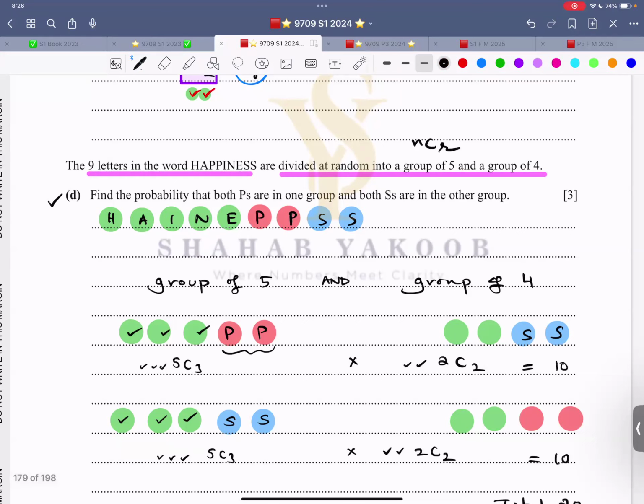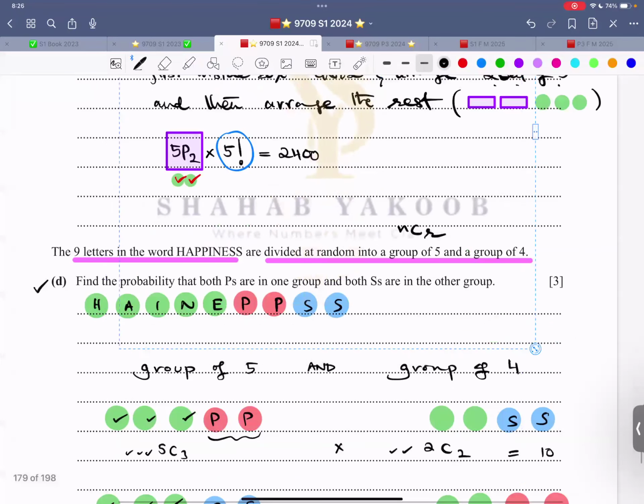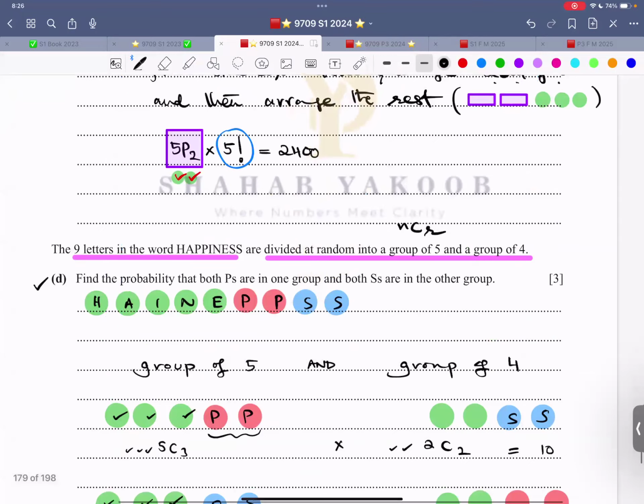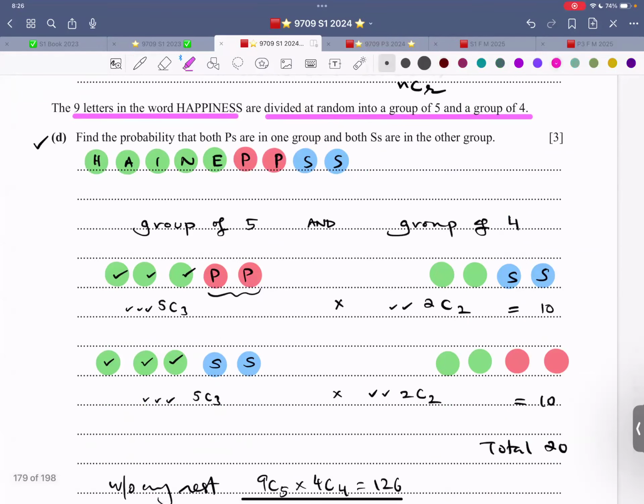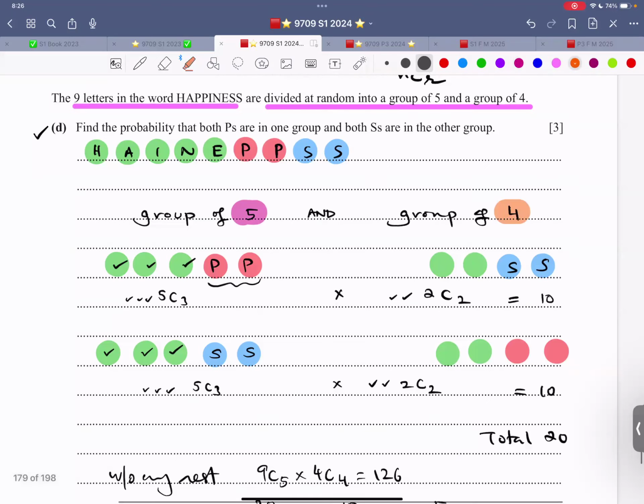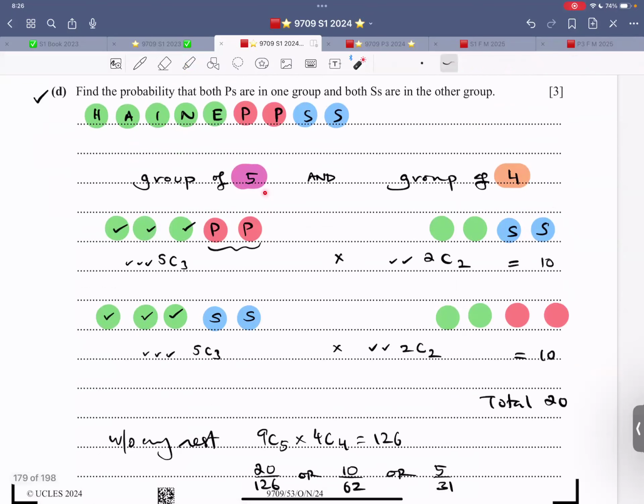So now over here, what do we do? There is a group of 5 and a group of 4. So when there is a group of 5, let me choose a color. So if we talk about the group of 5, let's say the 2 P's are over here.